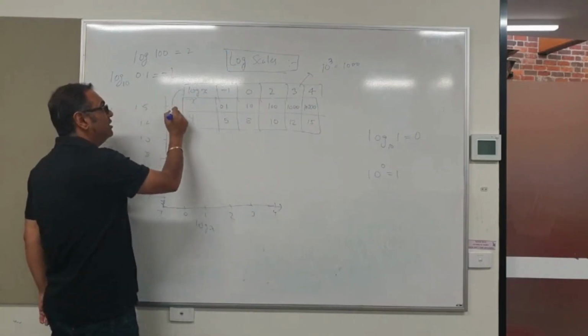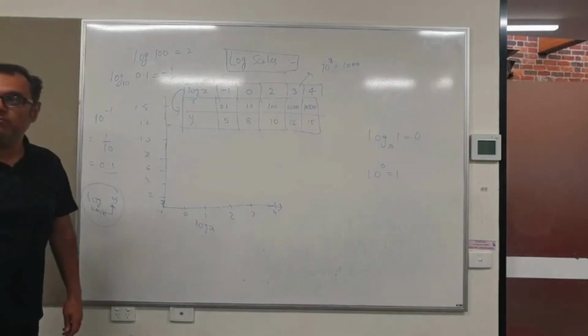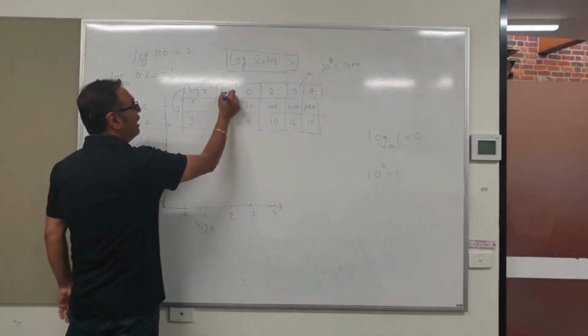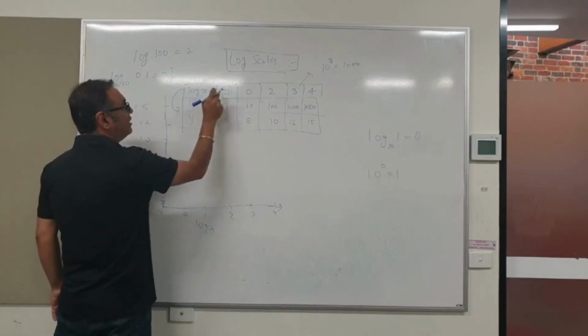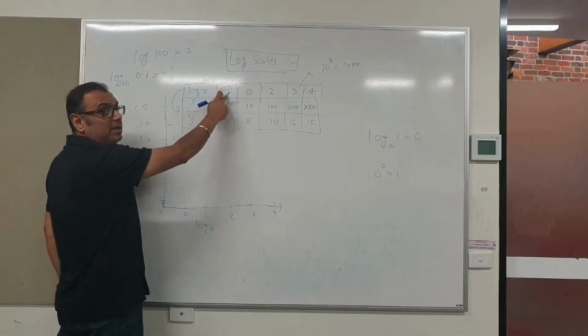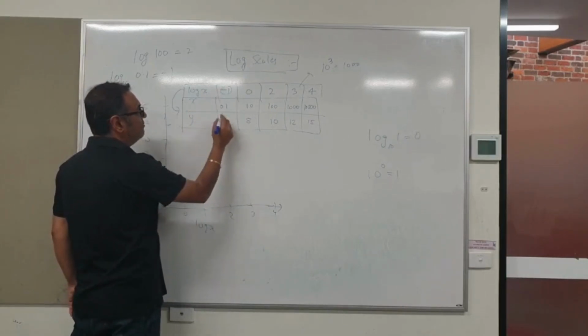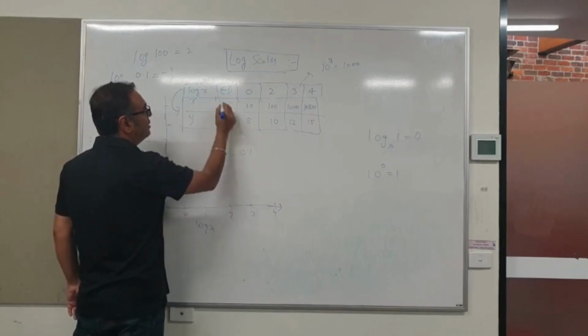If you have to convert the log value back to the original value, you just need this power to sit on 10. So if I have to get an actual number from the log number negative 1, I'll say 10 raised to the power of negative 1. The answer will be 0.1. You get this back.